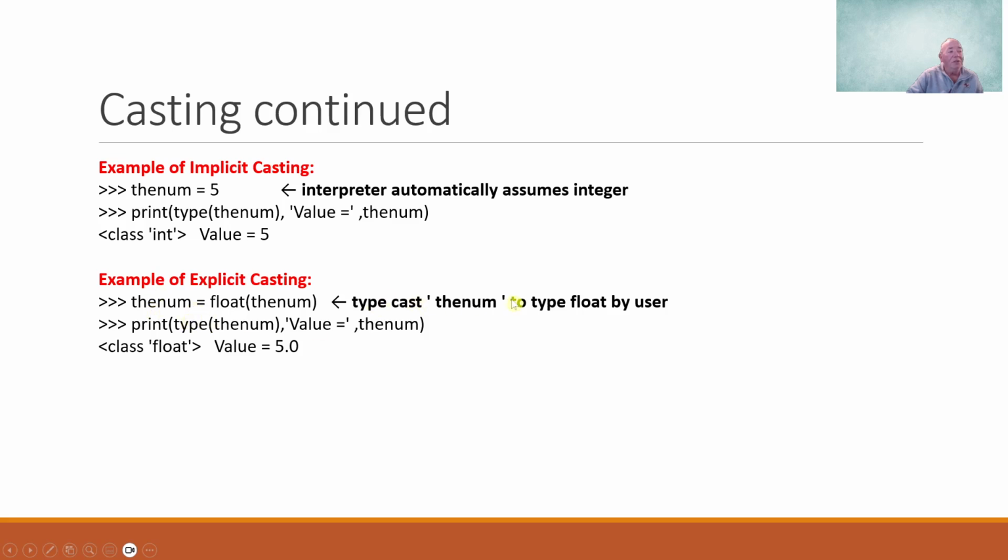So what this does is it changes the num to the float type, and then it prints the value and then the number. Notice though that the difference is that the output, since it is floating, even though the actual value hasn't changed, it's going to represent it as a decimal, 5.0.